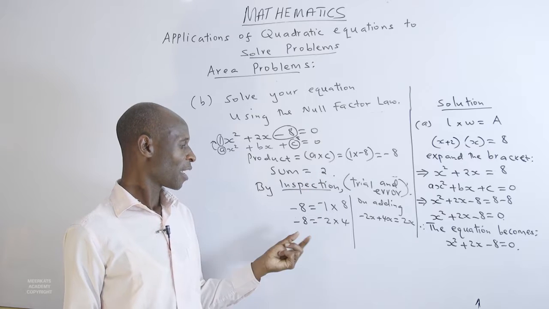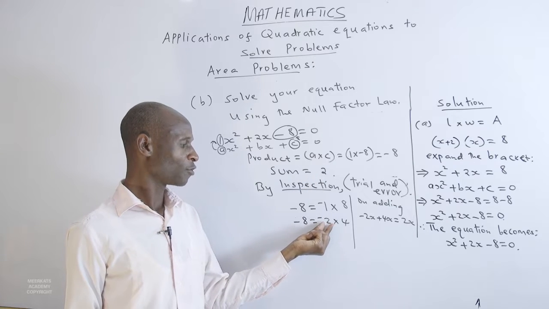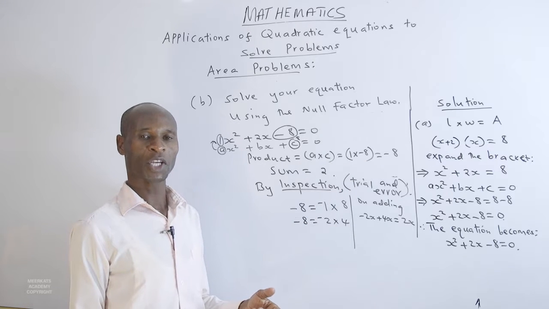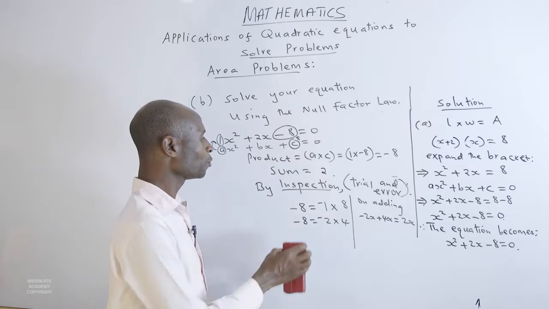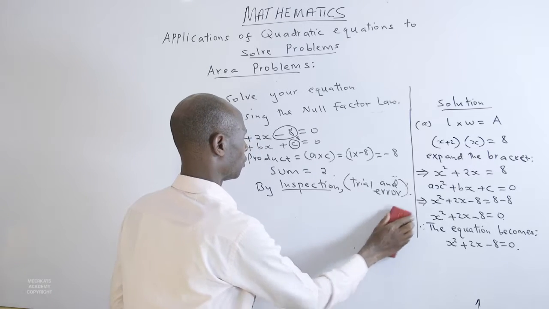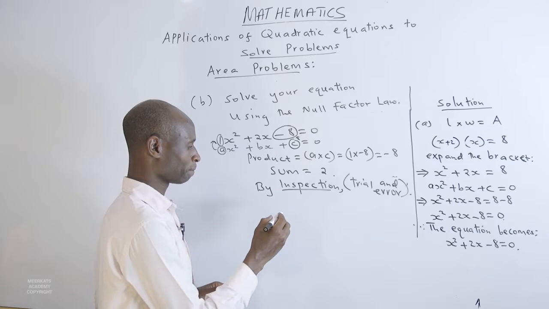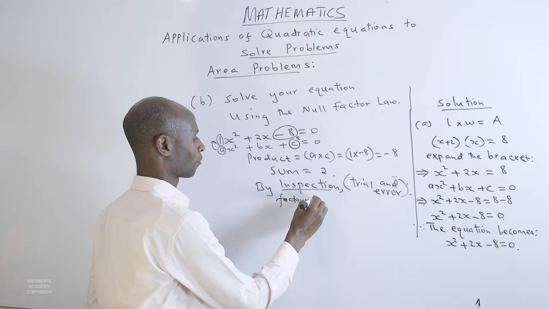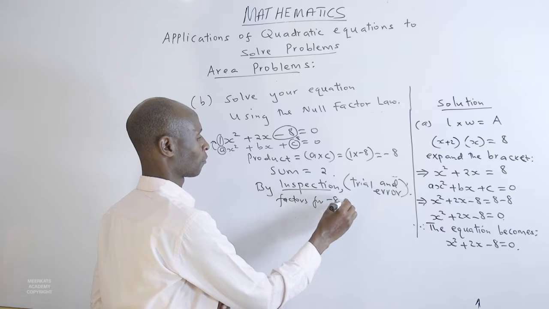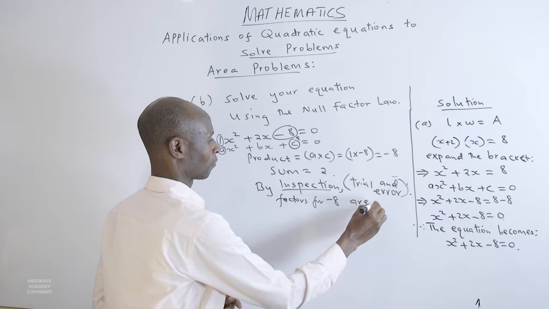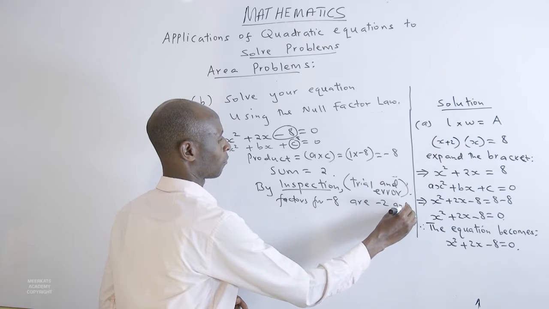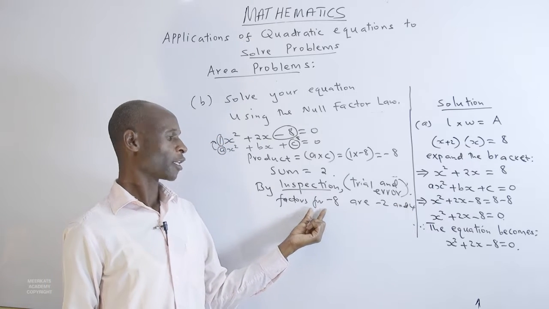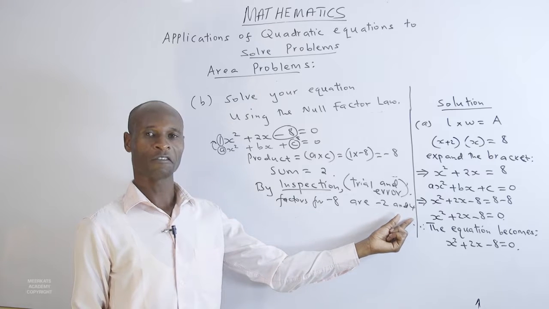So our two factors are -2 and 4. There is no need for us to proceed and establish other factors. So we settle on the 2. So by inspection, factors for -8 are -2 and 4.